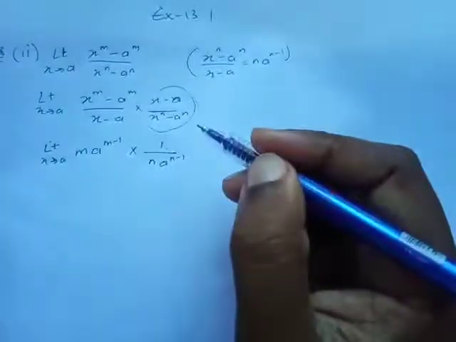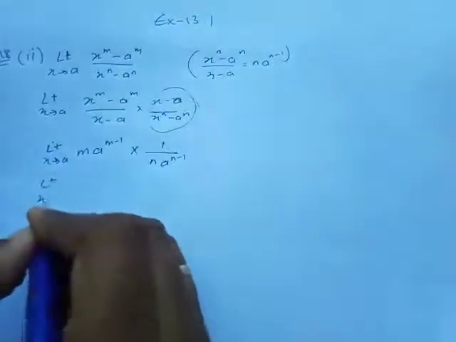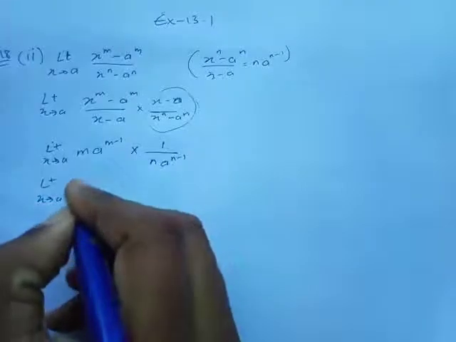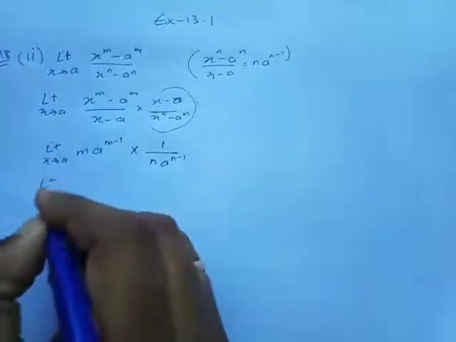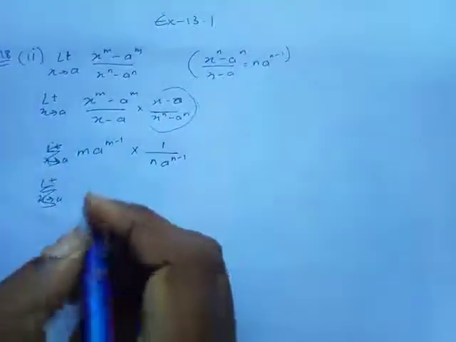You can do it in the long method also if you want. Now limit x tends to a, I can remove the limit because now I have made a formula out of it, so I don't have to put the limit anymore.